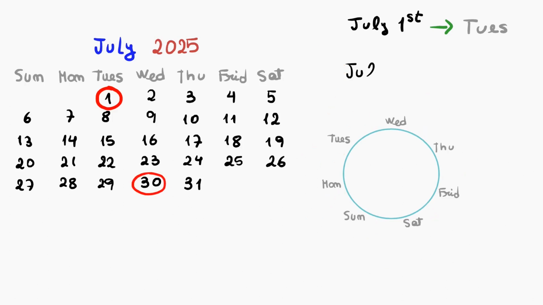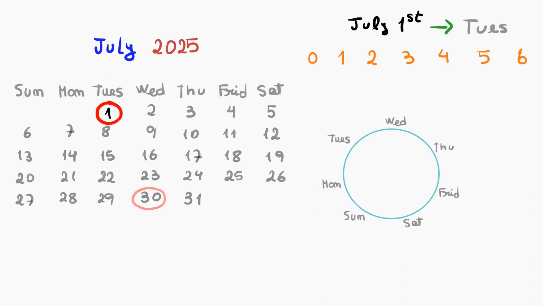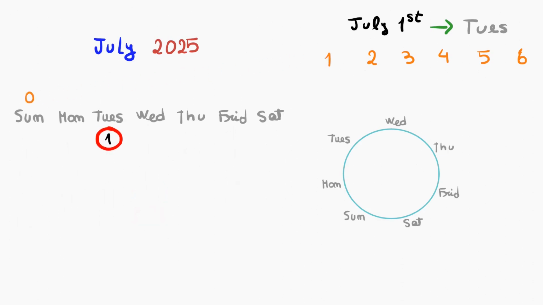To find a more elegant and simple method, we assign each day of the week a number between 0 and 6. So from now on, day 0 will be Sunday, 1 Monday, 2 Tuesday, 3 Wednesday, 4 Thursday, 5 Friday, and 6 Saturday.